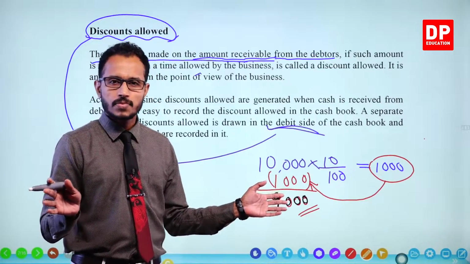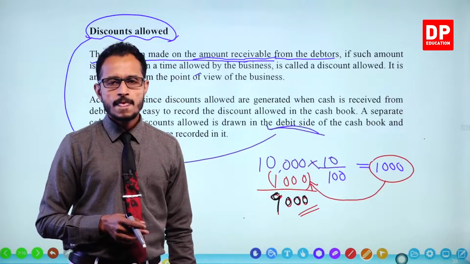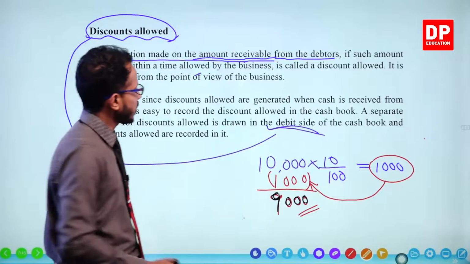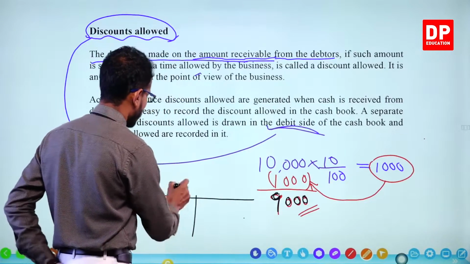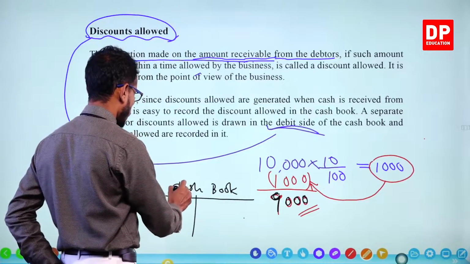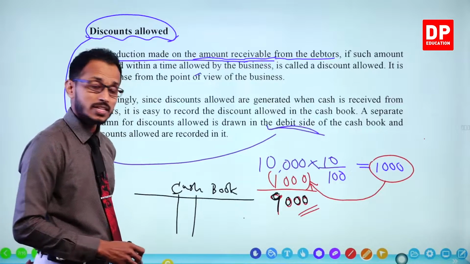So it is an expense, it is a loss of value, right? It doesn't matter. You are going to record this 9,000 in the cash book, children. This is a rough drawing. In the cash book, you are going to record this 9,000 in which side?